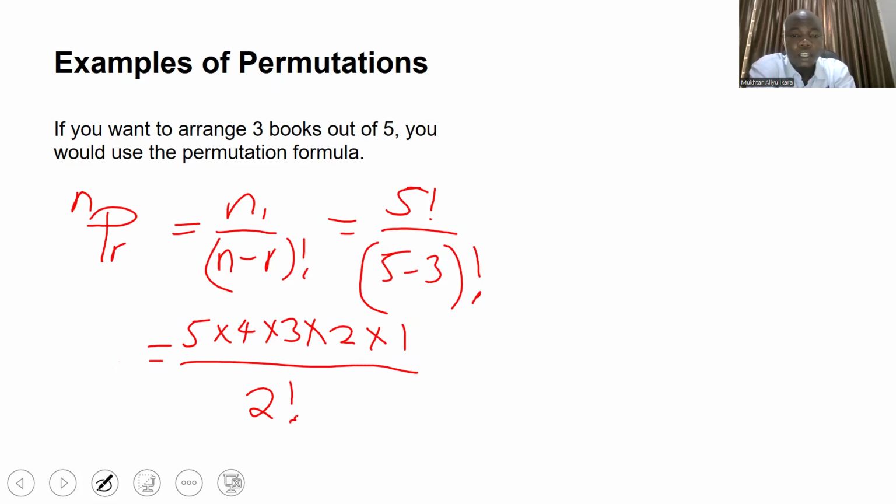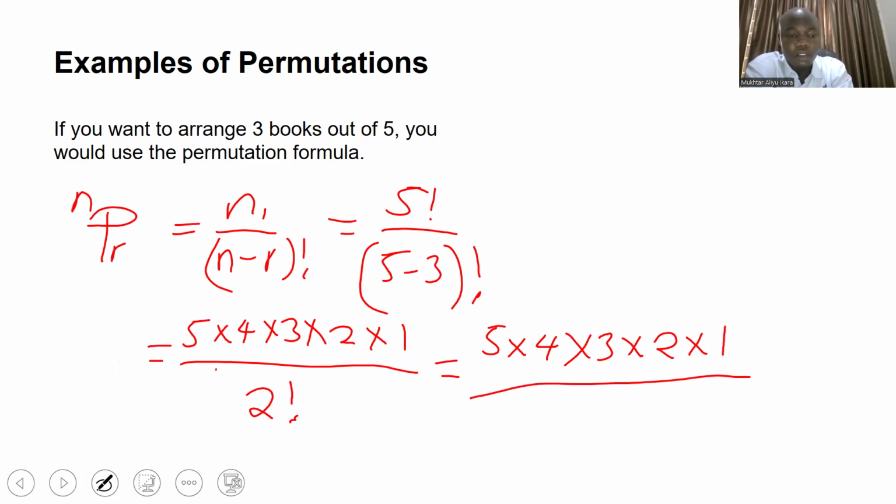So we have 5 times 4 times 3 times 2 times 1, and for the 2 factorial, we have 2 times 1.